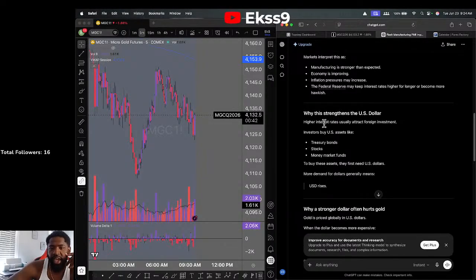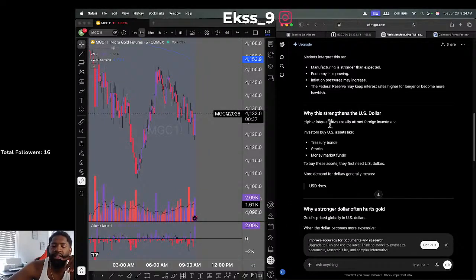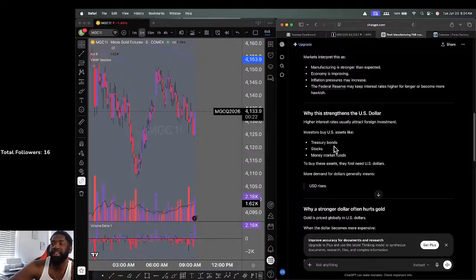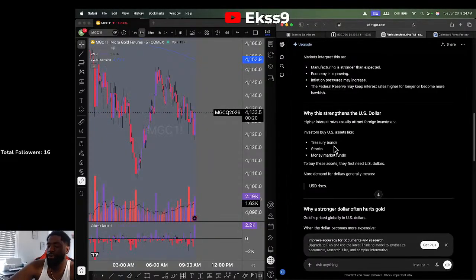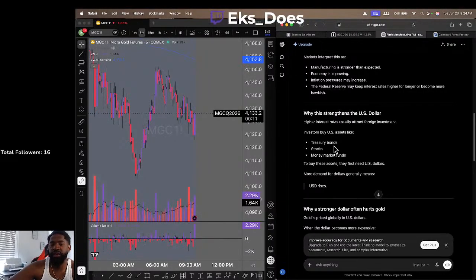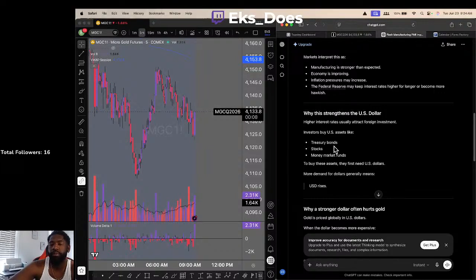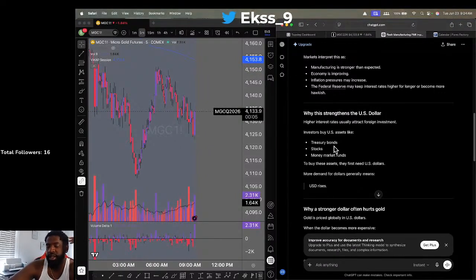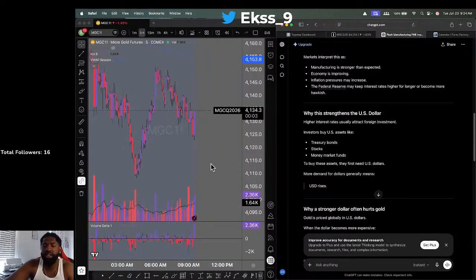Yeah, so if the interest rates within the US rise, then foreign investors would want to basically invest in the US dollar, because higher interest rates means that the US dollar will make more money for itself because of interest. So if interest rates rise, that's a bad thing for the consumers, but it's a good thing for the people who are supplying the products and controlling the dollar.